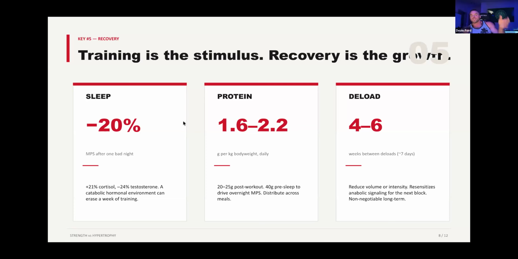If you slept terribly tonight and you did strength training tonight, you're going to get 20% less gains than you could have. Isn't that nuts? That's crazy. Your whole workout is 20% less effective if you sleep badly tonight.